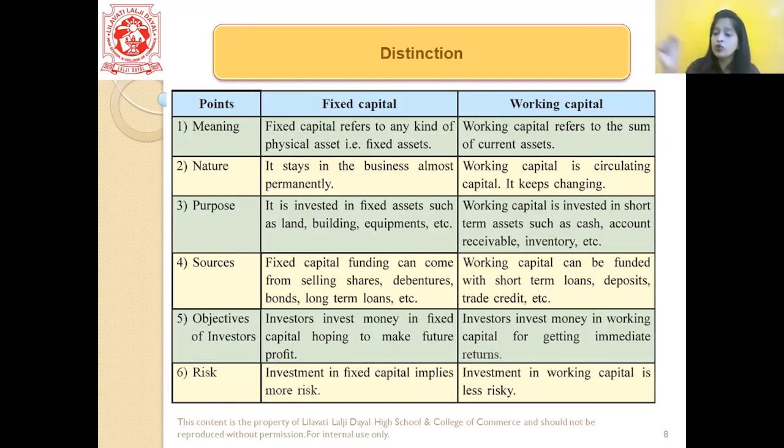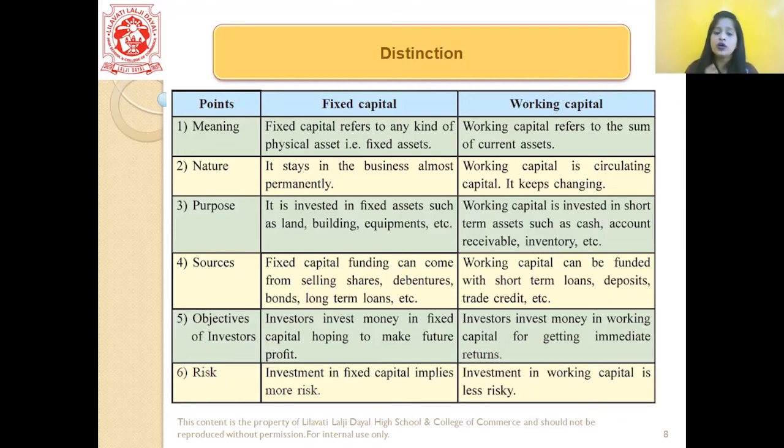The main word is future. What is the objective? To make future profit. Whereas in working capital, it is for getting immediate return. Last one, risk. Investment in fixed capital implies more risk, whereas working capital is less risky.